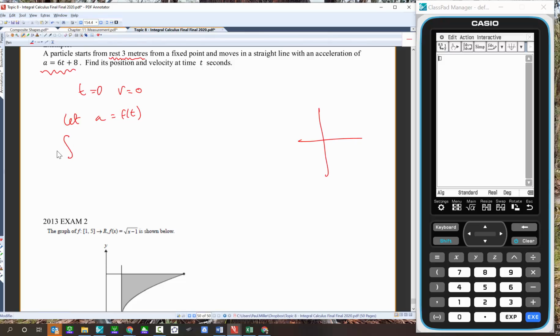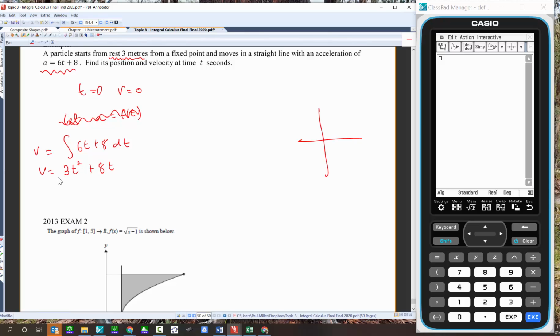All right, so to get the velocity function, I'm going to say velocity is equal to the integral of 6t plus 8 dt, and that is going to be 3t squared plus 8t, and because at time 0 the velocity is 0, this is just going to be plus 0, or we don't really need to worry about it. Okay, so that's our velocity. Okay, didn't really need to define the function.